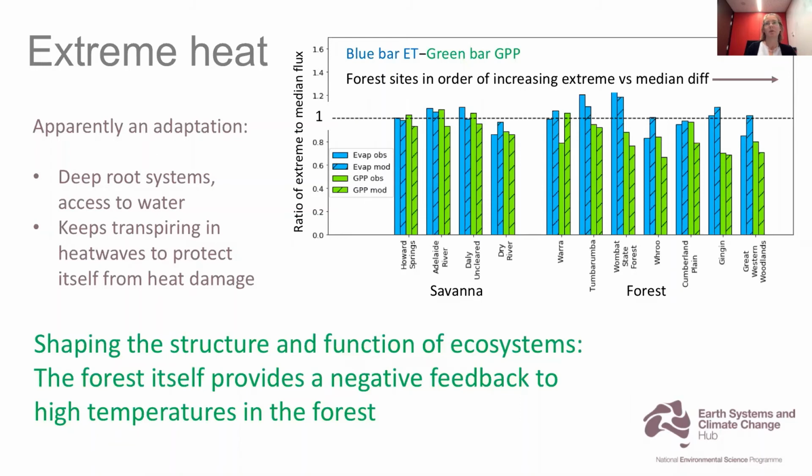And what's quite remarkable is that across all these sites, ranging from wet savanna to dry savanna, cool temperate, through to Mediterranean sites, the transpiration continues unabated under extreme heat conditions, with a possibly small decline in gross primary production. What that means from a climate point of view is that under these extreme heat conditions, the trees are actually providing a negative feedback to the climate.